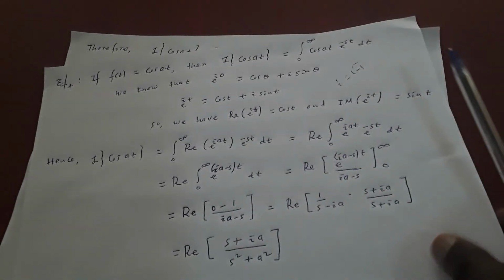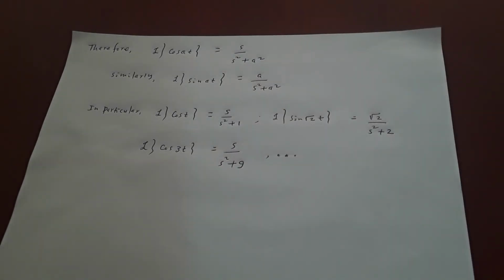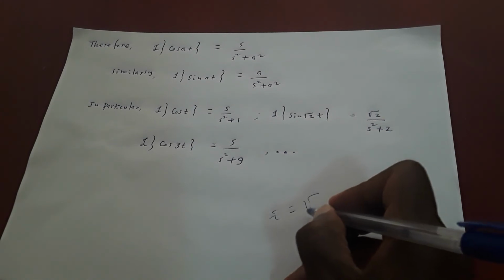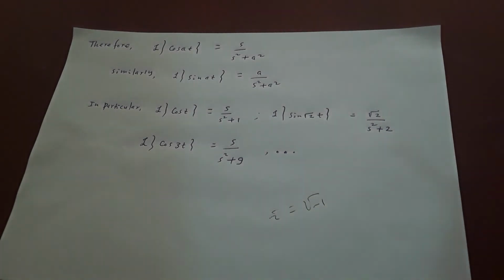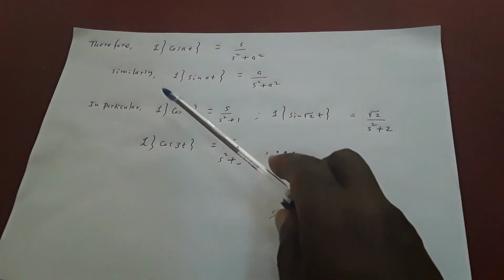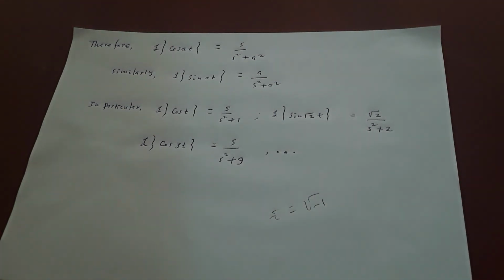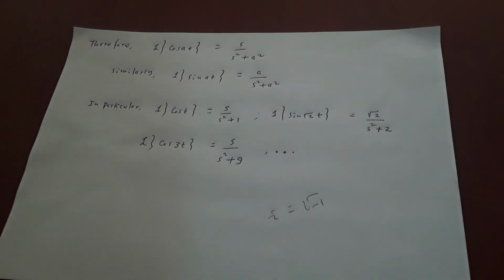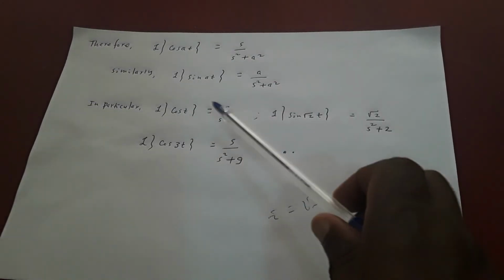The imaginary part means the term stuck with the complex number i, where i means the square root of minus 1. So the Laplace of cos at is s over s squared plus a squared. Again, for the Laplace of sin at, from this we pick the imaginary term only. So finally we have the Laplace of sin at as a over s squared plus a squared.